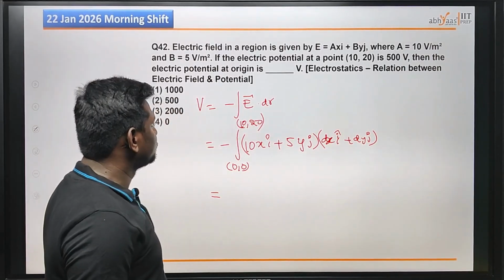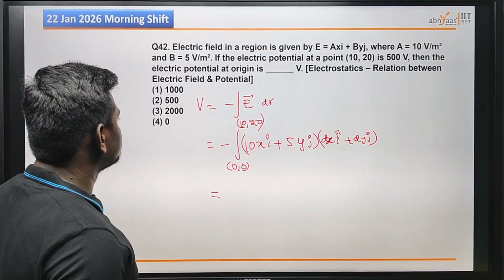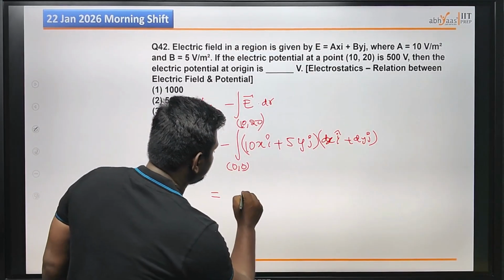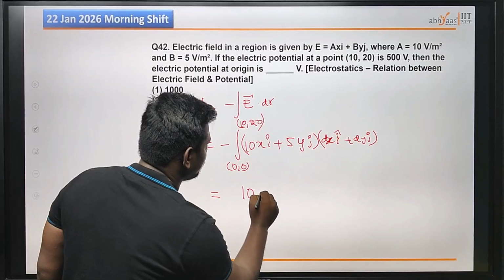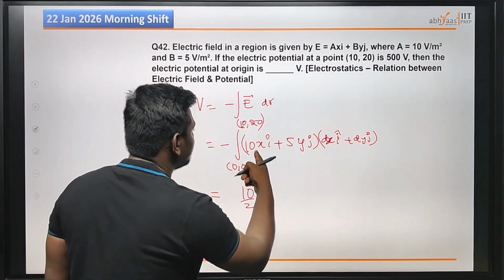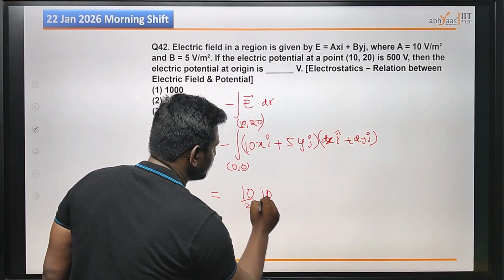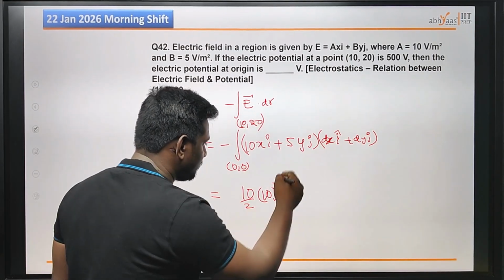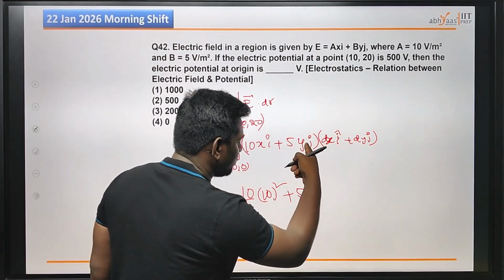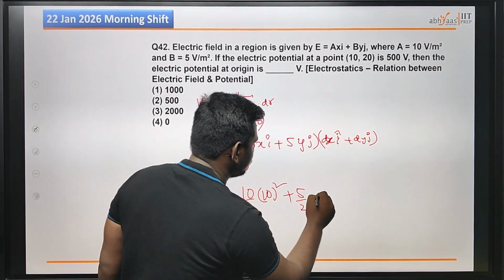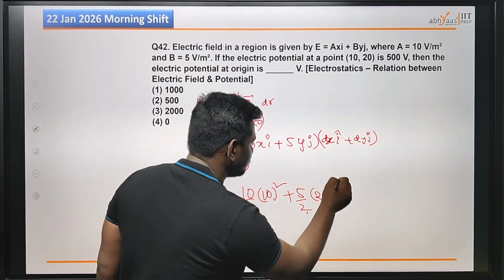So take it out. 10 x square by 2, that is nothing but 10 square, plus 5 y square by 2, where y is 20, so 20 whole square.